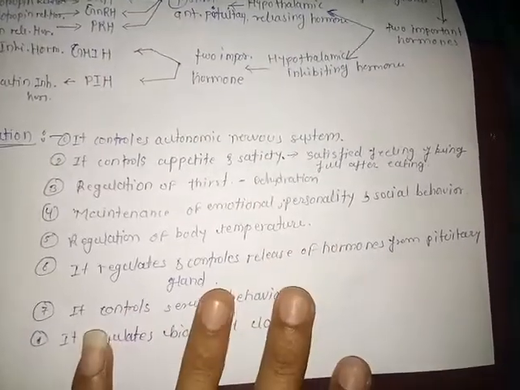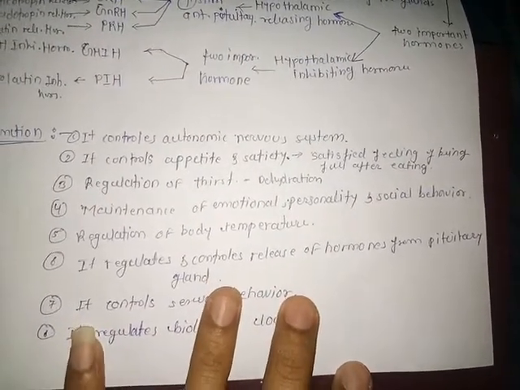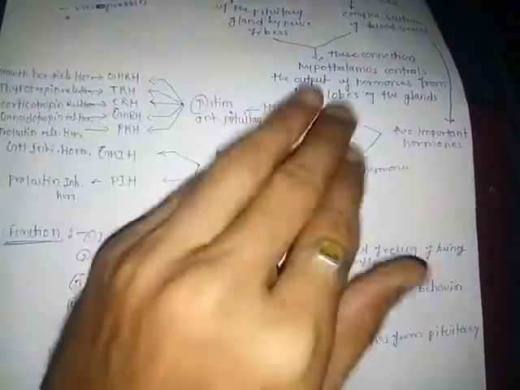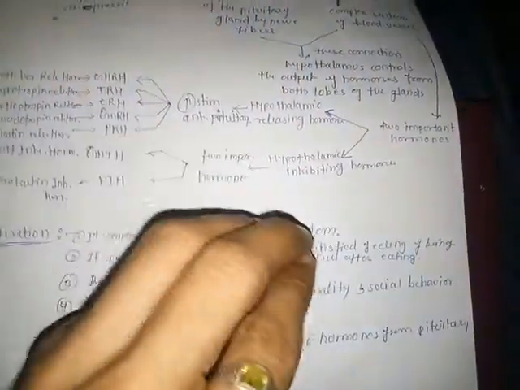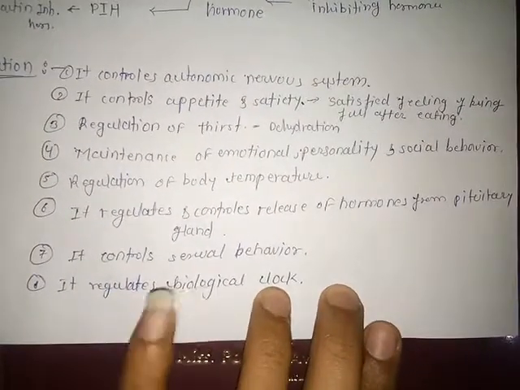The hypothalamus plays an important role in the regulation of body temperature. It regulates and controls the release of hormones from the pituitary gland. We have already discussed when the pituitary gland is activated. When the hypothalamus activates the pituitary gland through gonadotropin releasing hormone, it releases some hormones. So the hypothalamus controls the pituitary gland, and it controls sexual behavior and regulates the biological clock.